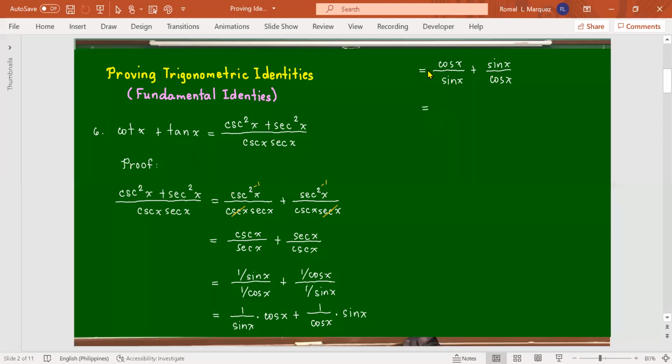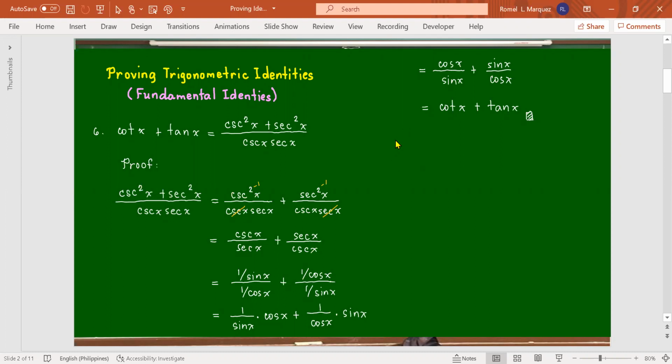From ratio identities, these are cotangent and tangent respectively. So for the first term, we have cotangent x, and for the second term, sine x over cosine x, that is tangent x. So this is already the left side. We attain now our goal, okay? So that's it. We have proven that this is really an identity.